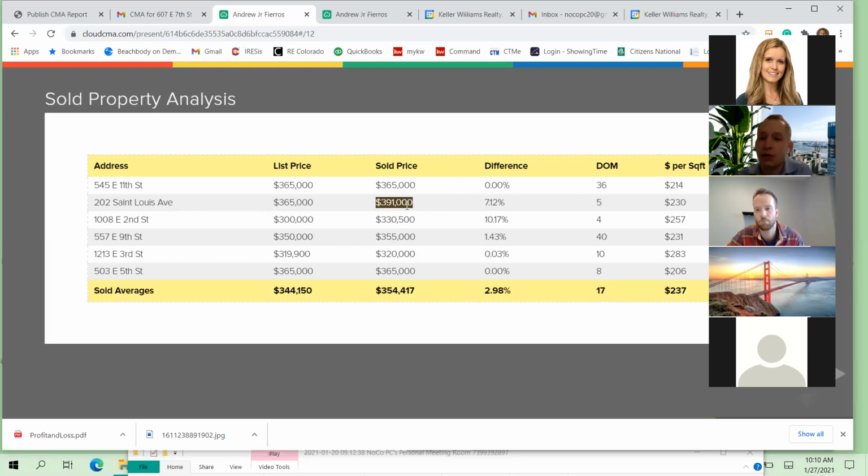The reason I asked that question, Brady, is because if we listed at 391, I need to know what you want to accomplish, because if your home doesn't sell in the first couple of weeks, I need to know whether you're going to be frustrated with me or not. Because this home has a little bit more than what your home has to offer, so I can't guarantee that you're going to get that price for it. I just want to make sure up front, we have an understanding going into this.